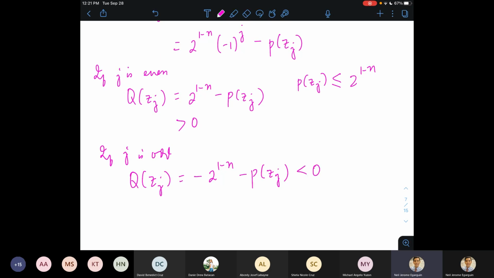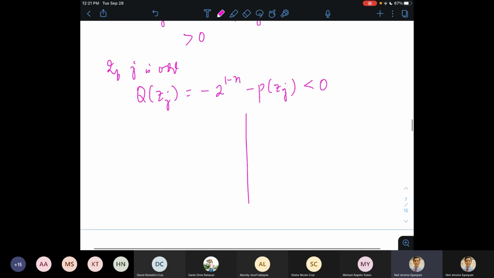Okay? So anong gusto nitong palabasin? For two consecutive values of Cj, nag-shift siya from being positive to negative. So kung i-drawing natin siya, okay. Halimbawa ito si Z1, dahil odd, negative yung value ni Q. Tapos sa Z2, dahil yung J ay even, positive yung value niya.